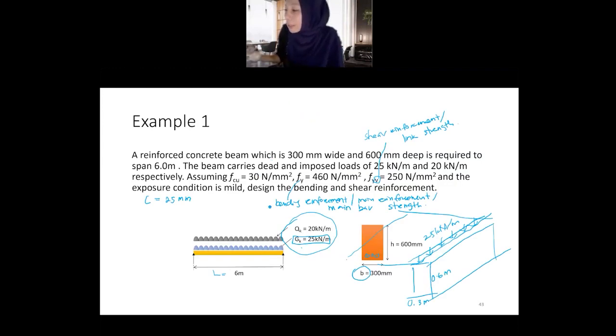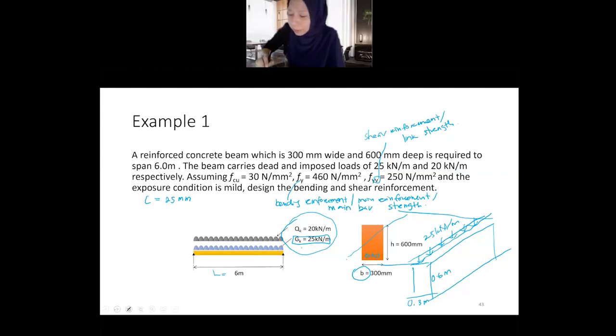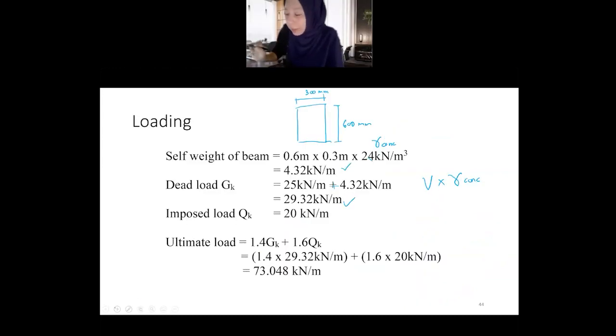Dalam soalan ni, dia tak mention anything about the value of that load given include self weight. Kalau tak, selalunya dia akan cakap inclusive self weight of the beam. Okay, dalam soalan dia akan mention lah. But if let's say it is not stated anywhere in the question, meaning you kena kira separately. Maksudnya kira macam ni lah.